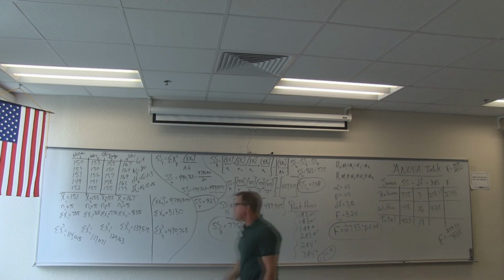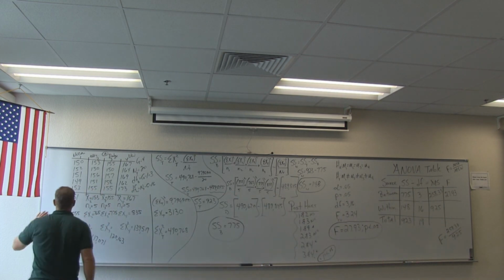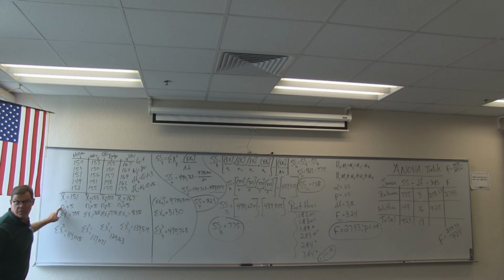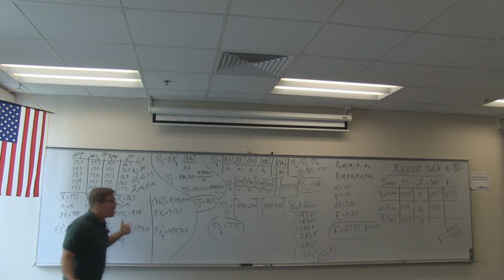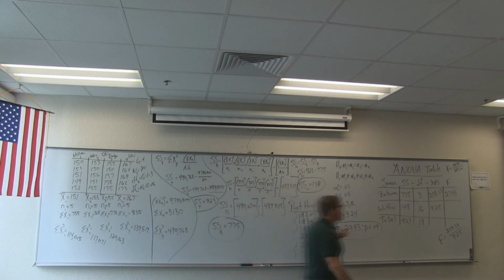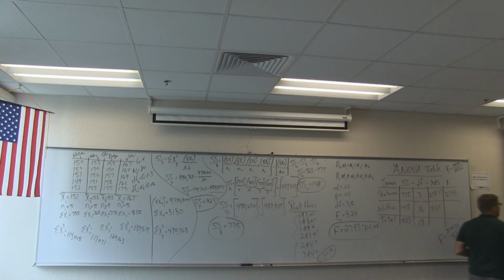In terms of n, we have relatively small sample sizes, so we don't have a lot of power going for us. But as it turns out, we have enough between groups variation combined with not a whole lot of within groups variation to produce an F statistic that's statistically significant. So again, we have enough power to have significance.